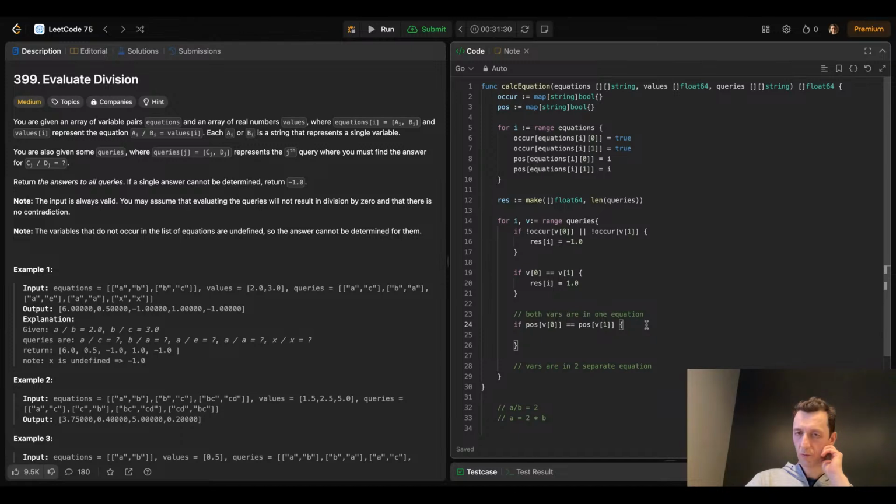If we have them in the same position, then all we need to do is, well, it depends on which is which. If V0, so we know their position. Now there are two options.